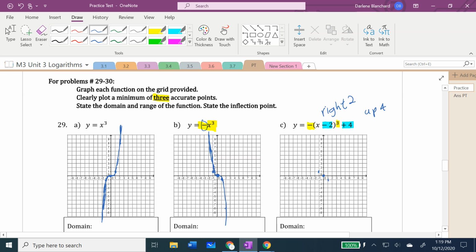And remember, x always does the opposite operation. So it may help to plot them and then just move them right 2 up 4, right 2 up 4, and right 2 up 4, and draw.